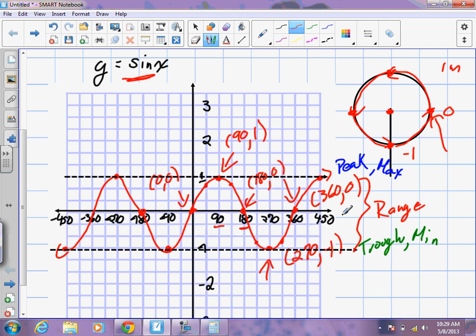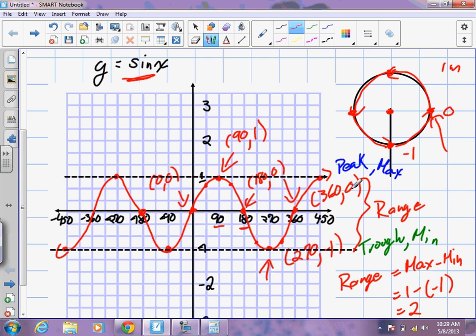Let's take the highest point and subtract the lowest point. So for our range, as an equation, think of it as taking the max, subtract the min. So our max was 1, and we subtract our min, which is negative 1. What is our range? 2, okay? 2.